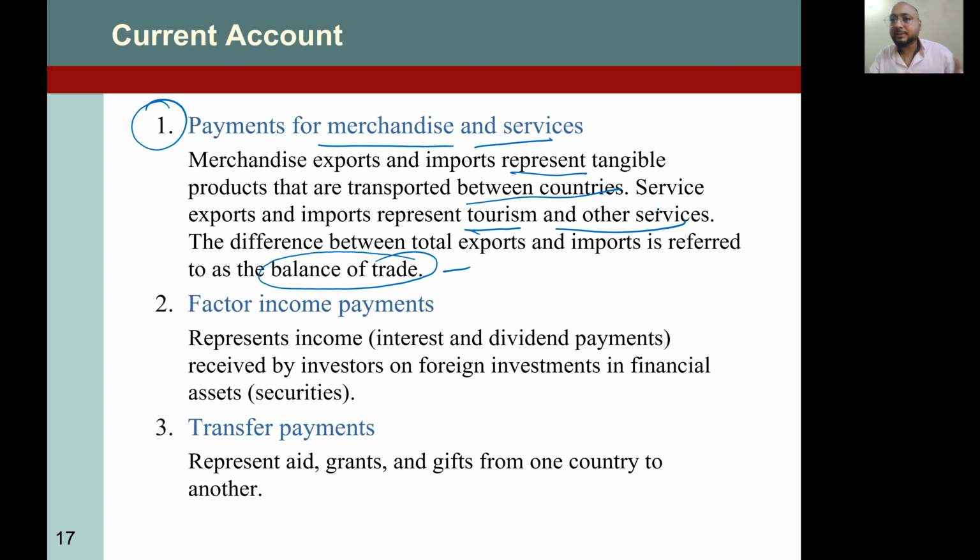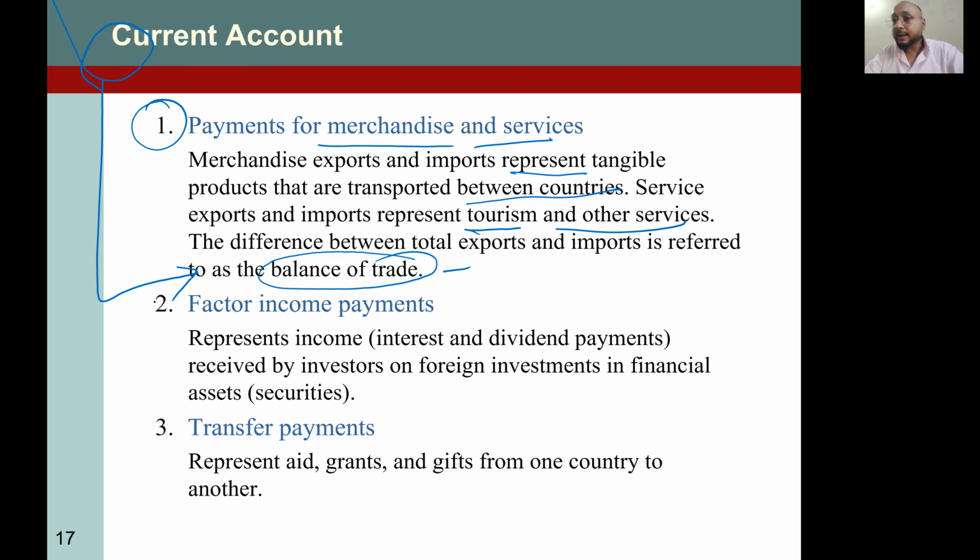One country is giving banking services to another, right? Tourism, of course, other nationals are coming to the country and visiting, paying taxes, paying for the visas. These are all service payments. So all the amounts of these international transactions are going to be recorded in the current account under balance of trade or payment for merchandise and service account.